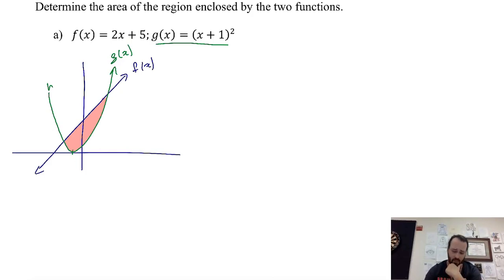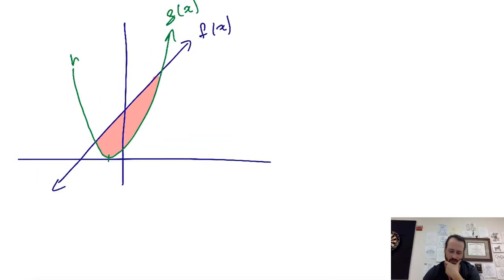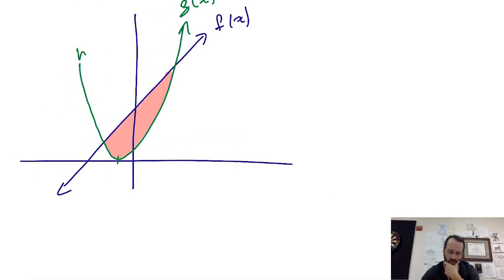So really, it's not that big of a deal. It's not that difficult to do, but we need to think about how these things interact with each other. So if I do the area for f of x, it's going to take the sum of all of these heights right here and add them together.